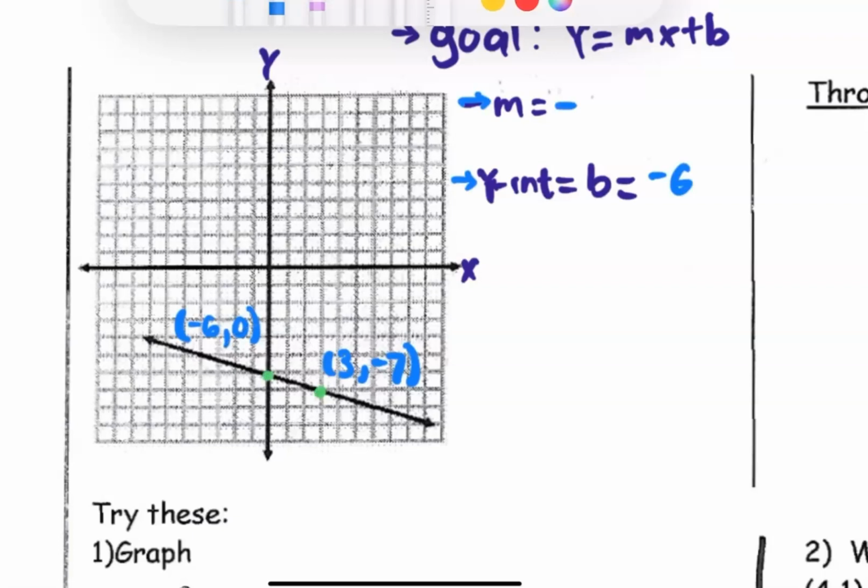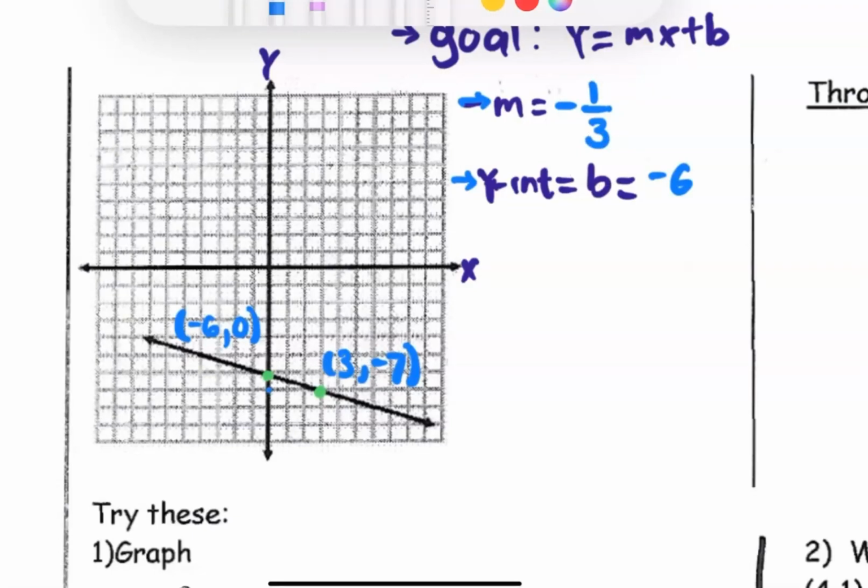So my slope is -1 over 3. Because again, I went down 1, so there's my -1. I went down 1 from the green one to the blue one. And then I went over to the right, 1, 2, 3 to get to the other green dot. So there's my +3 right here.